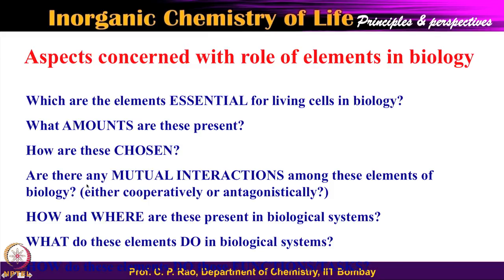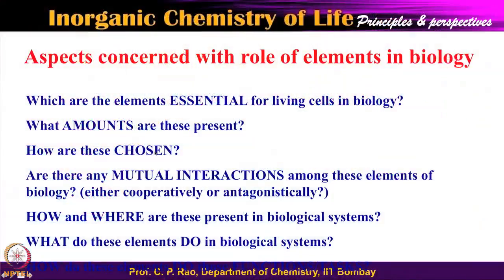When you have one element, then no problem. When you have two elements, which one of these will have more, which one will have less? When you have more than one element, there can be mutual interactions among themselves. Some may be dominant over the other, which I will explain a little later on.